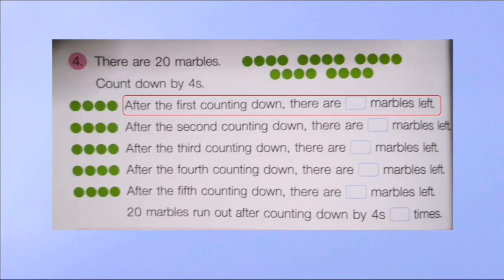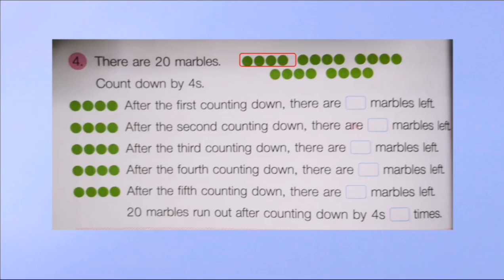But in this exercise, we will count down by fours. So let's have our first countdown. So we have our first fours. How many marbles are left? Please count the marbles that I did not encircle and write the correct answer inside the box.